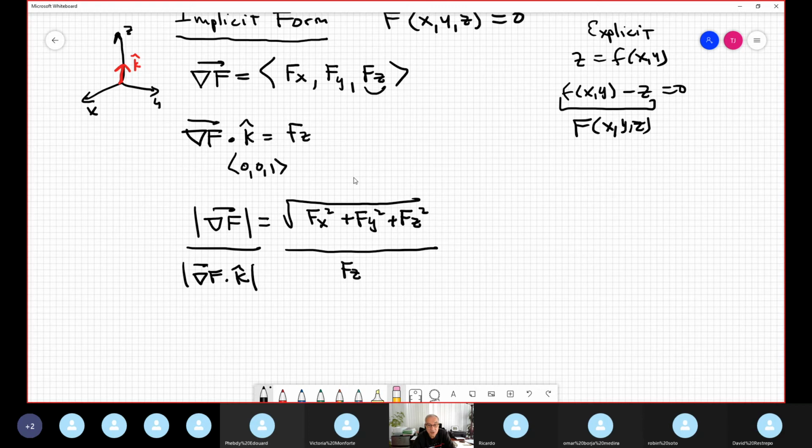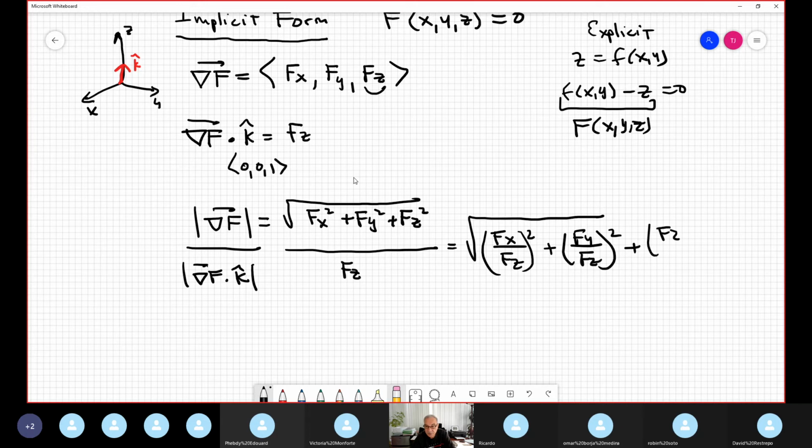You introduce this Fz inside the square root, and you have Fx divided by Fz squared plus Fy divided by Fz squared plus Fz divided by itself squared. Obviously this last one is 1.